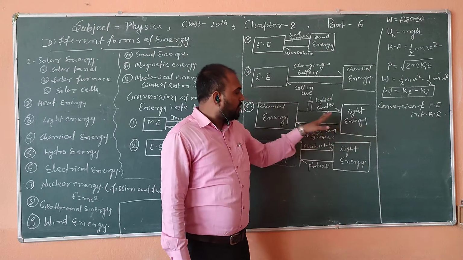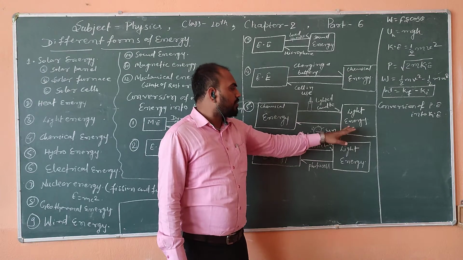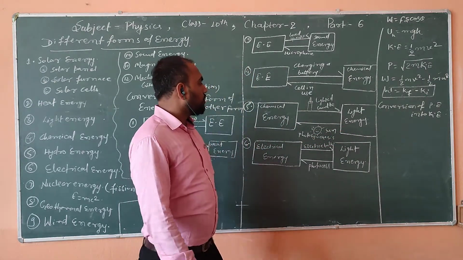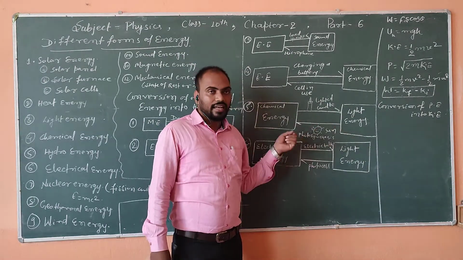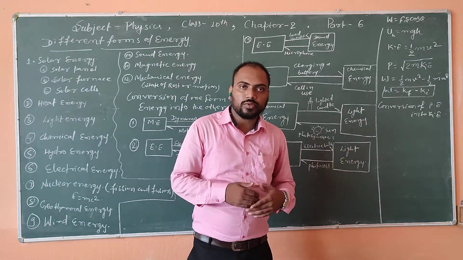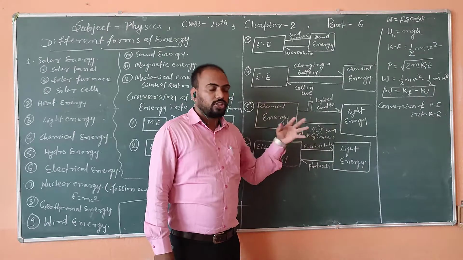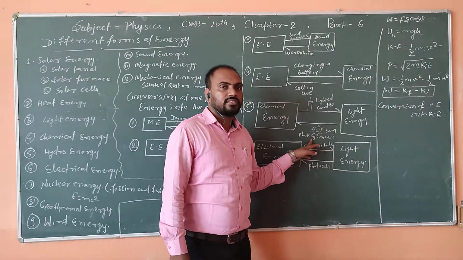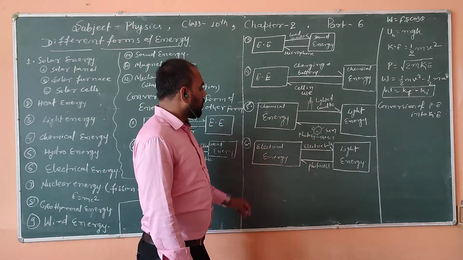And the reverse of it, from light energy to chemical energy, is done by the process of photosynthesis. The plants take sunlight and make their food through a chemical process, converting it into chemical energy and storing it in chemical form, with the formula C6H12O6.